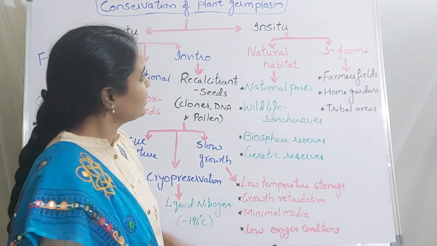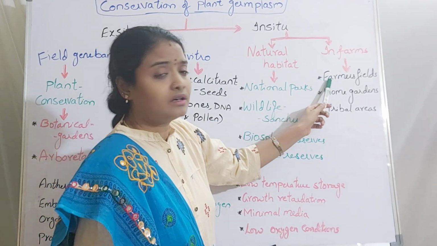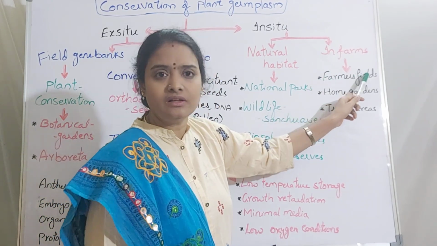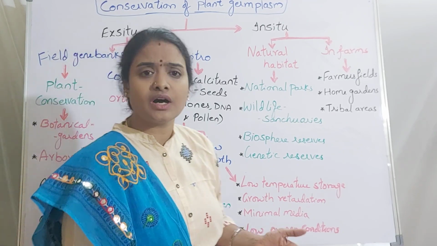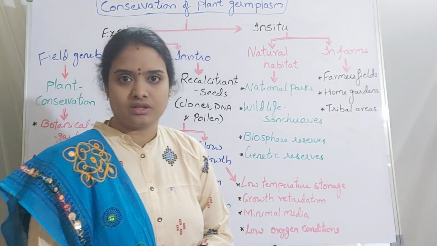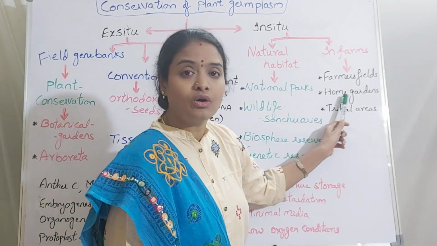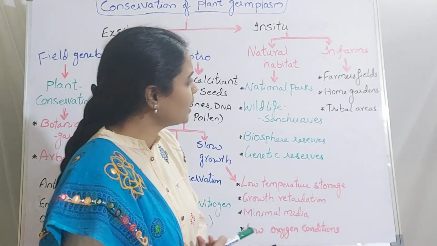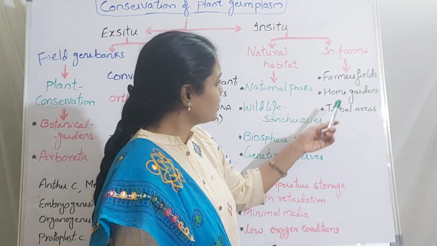Next, going to the in farms. That means here again the natural habitat is maintained in the farms, either by the farmers' field, that is agricultural crops, or the agricultural fields where the farmers will be cultivating naturally, or by traditional method. Next one is the home gardens. Here in home gardens also, the social and economic life is combined, right?